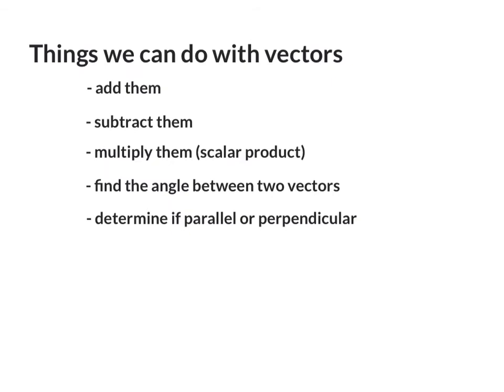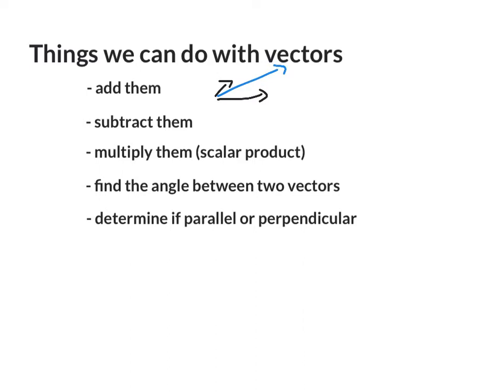So this brings us to things that we need to be aware that we can do with vectors. So we can actually add vectors, and I haven't shown an example of that yet, but if we add two vectors, let's say we have this vector and this vector from the origin there, we can add them to get perhaps a vector that looks a little bit like this as well. How that works?